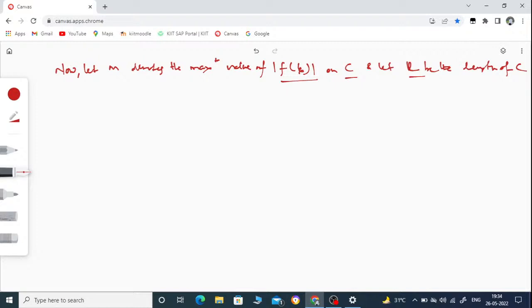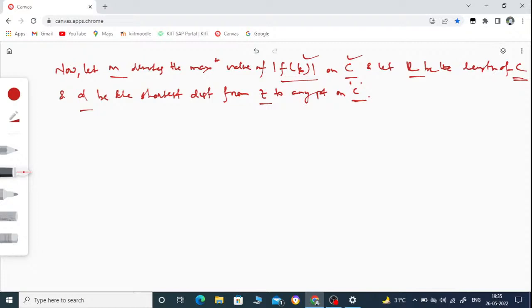And let D be the shortest distance from z to any point on this curve C. So I am assuming M is the maximum value of mod f of j on the curve C, L is the length of curve C, and D is the shortest distance from z to any point on C.